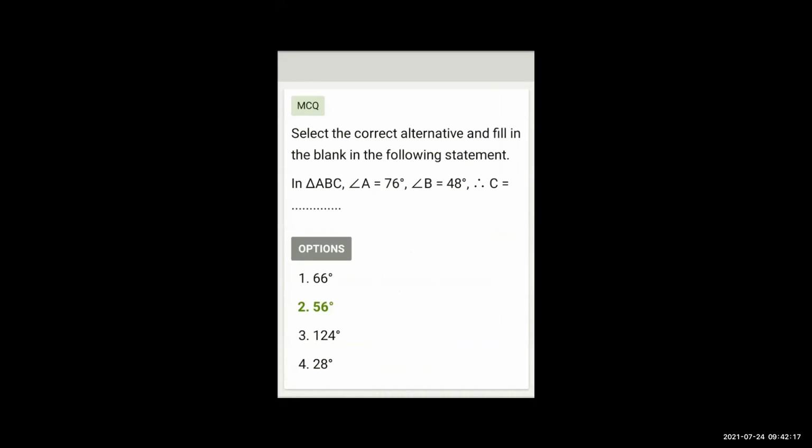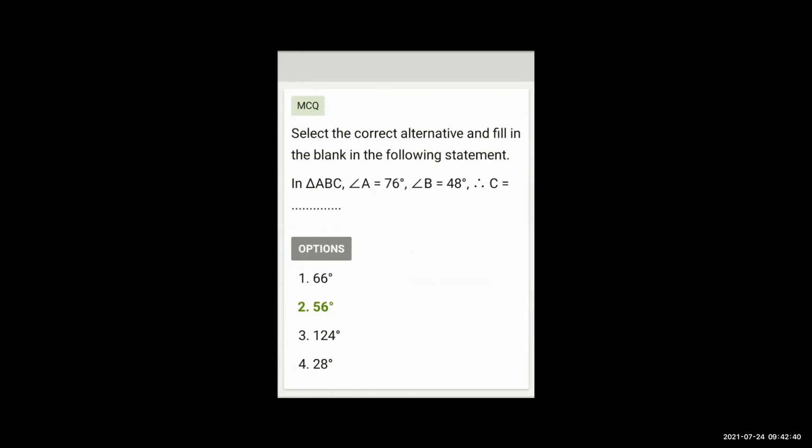In triangle ABC, angle A equal to 76 degree, angle B equal to 48 degree, and angle C, we have to find its measurement. Okay, and the four options are given below.